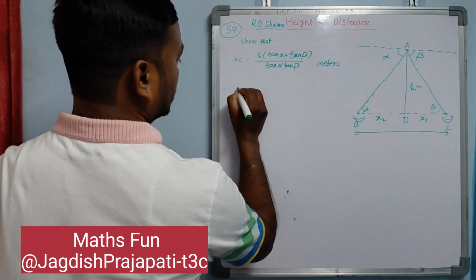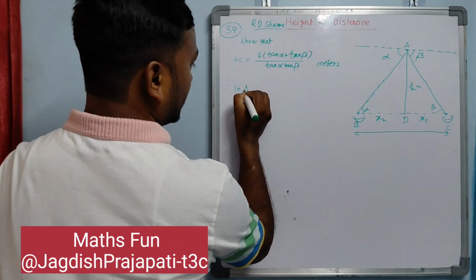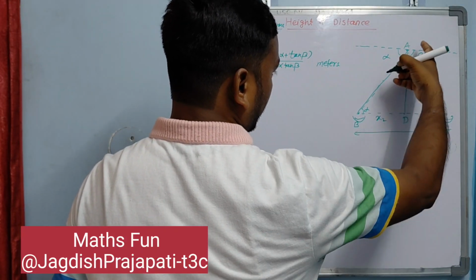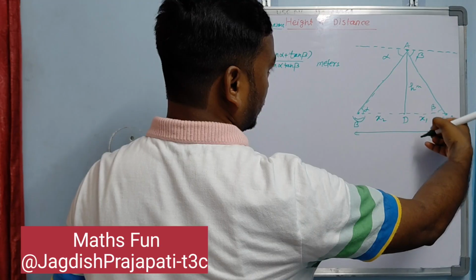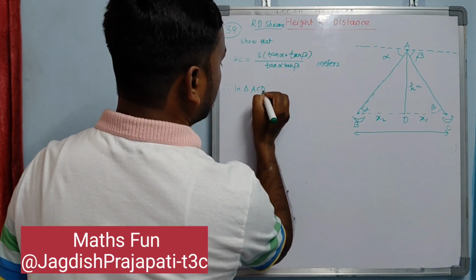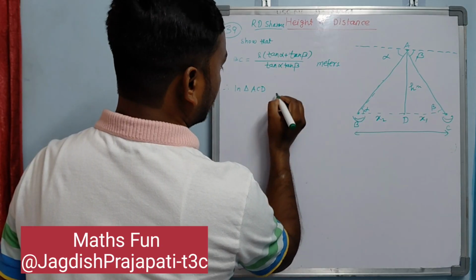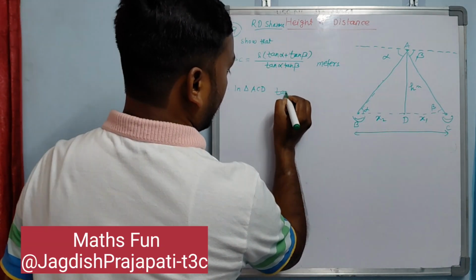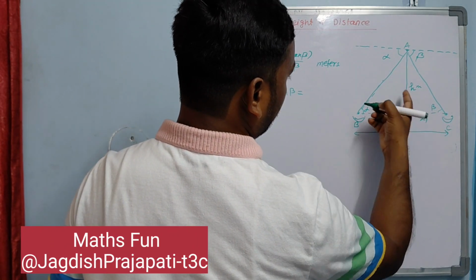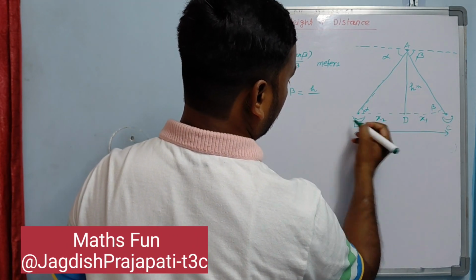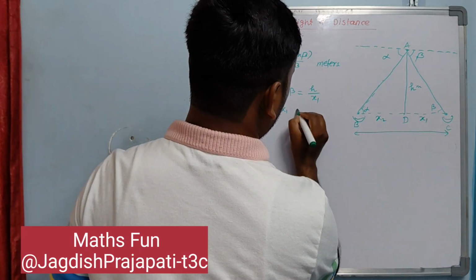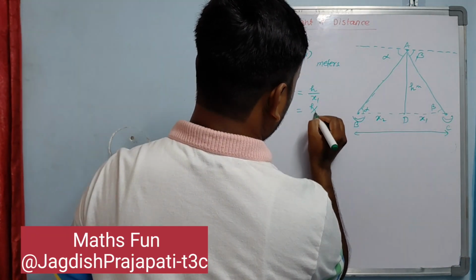Now in triangle ACD, tan beta will be h upon x1. This implies x1 equal to h upon tan beta.